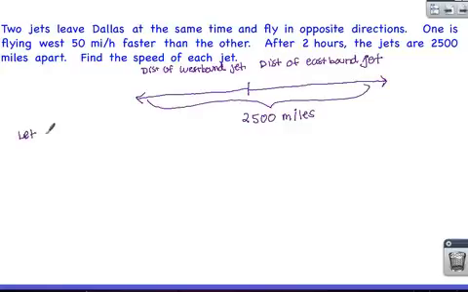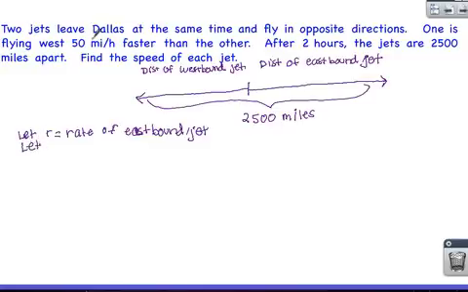We're going to let R equal the rate of the eastbound jet. Sorry about the handwriting. It seems that there is some technical difficulties here.